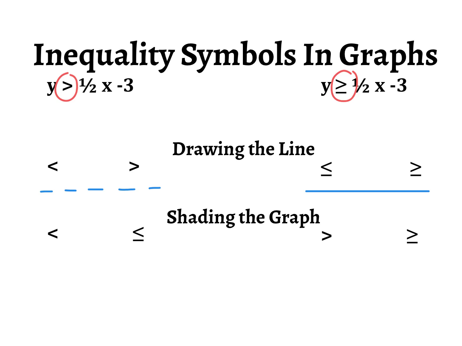Now, these symbols mean something. Greater than means something, and greater than or equal to means something. So if you're dealing with a less than or equal to symbol, less than means that you're going to be shading below the line that you graph. Below the line. Or under.